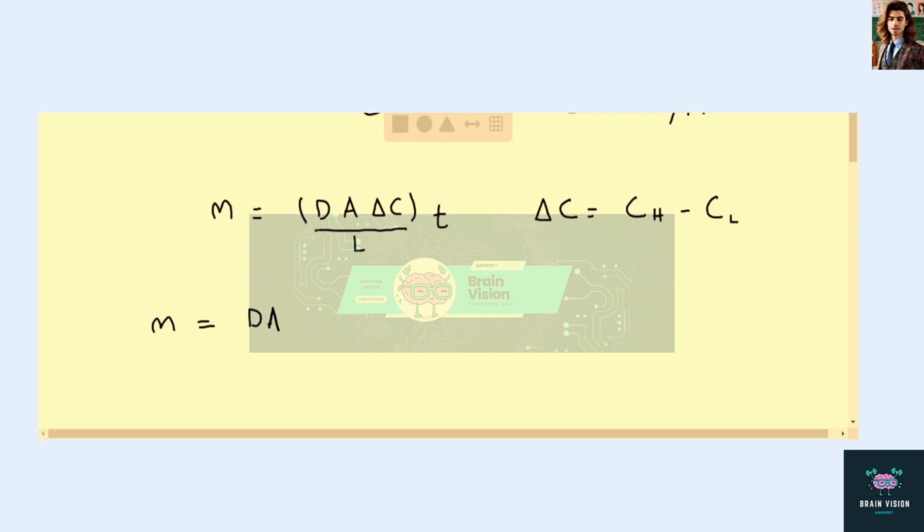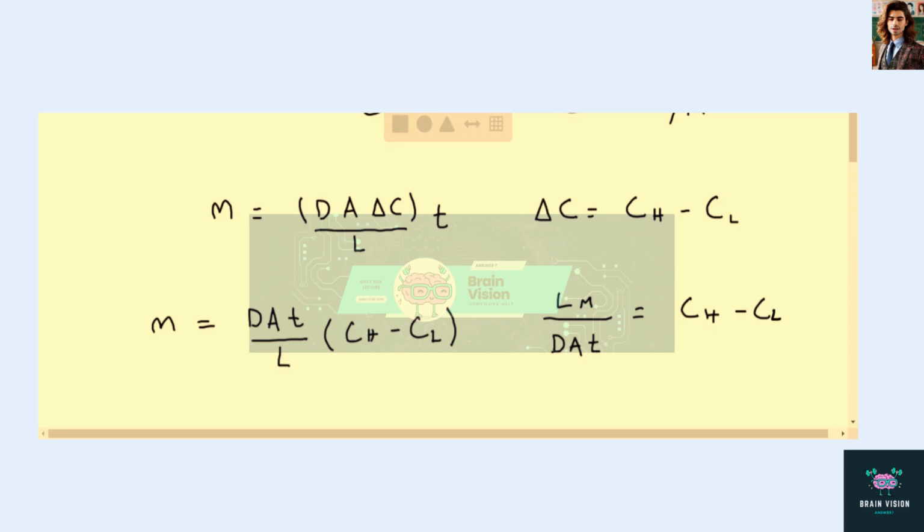So this is dAT over L times delta C, which is CH minus CL. I'm going to multiply both sides by L over dAT so that we cancel it out on the right-hand side. So we'll have LM divided by dAT equals CH minus CL.